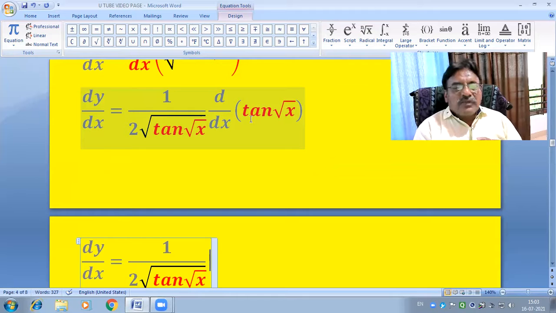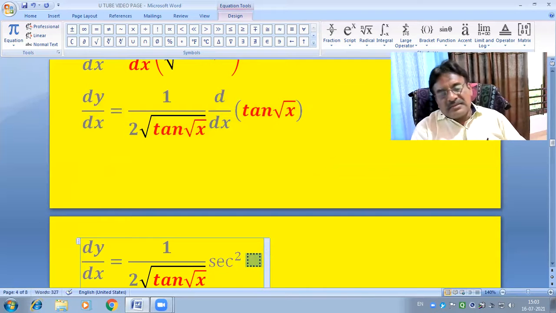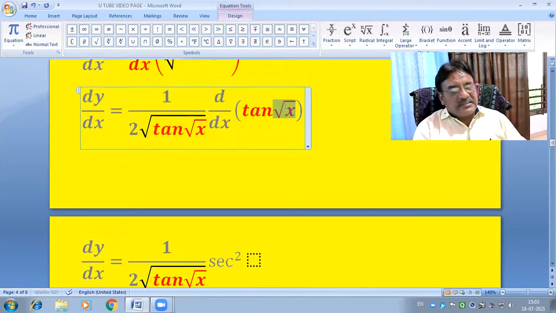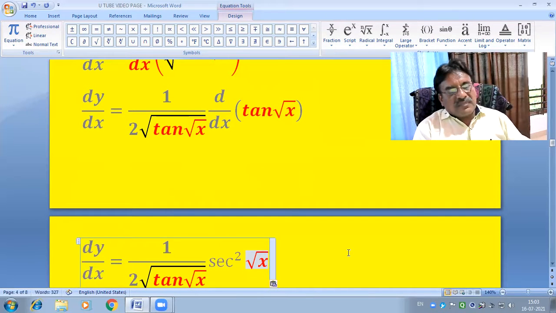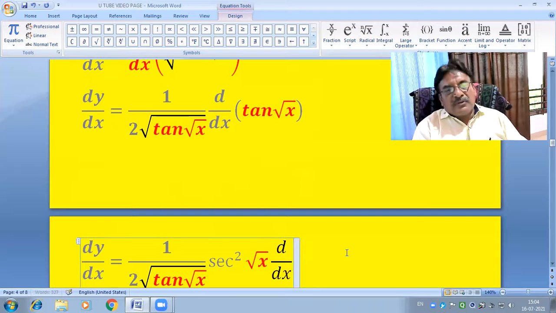By using the formula d/dx of tan f(x) equals sec square f(x) into f dash of x, similarly here we get sec square root x into d/dx of root x.